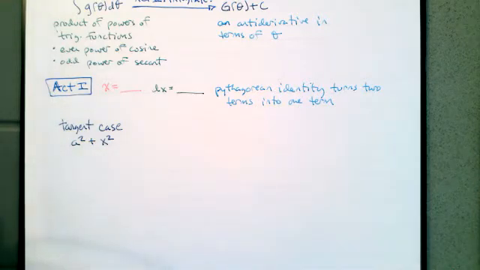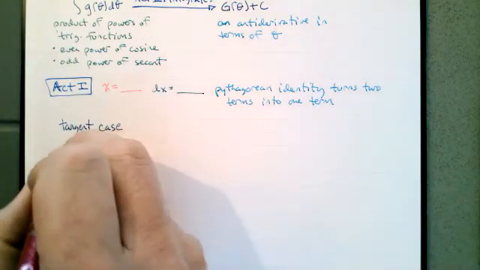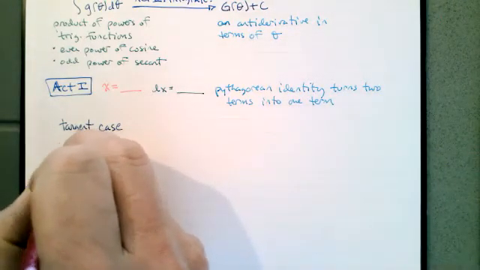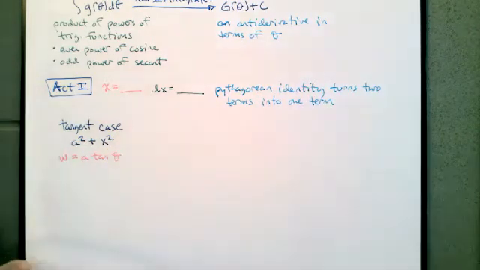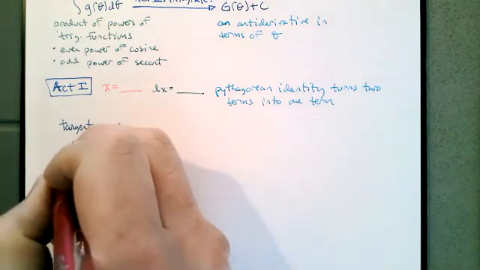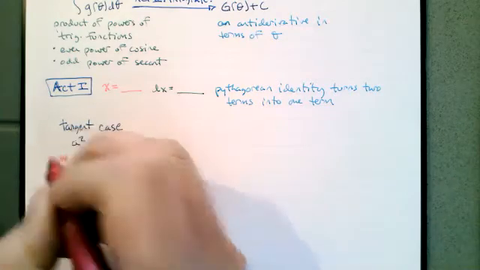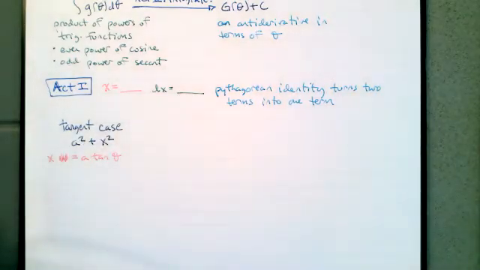So if we see something that says a squared plus x squared, if this is the quadratic that we have, then we're going to do the tangent case and we're going to substitute x equals a tangent theta. We're replacing x with a times tangent of theta.